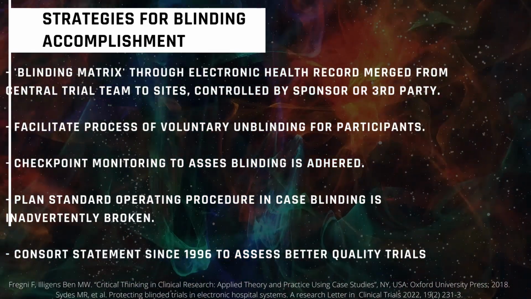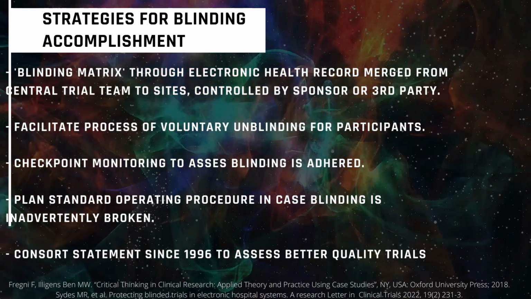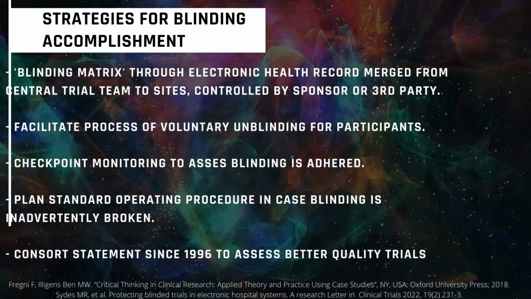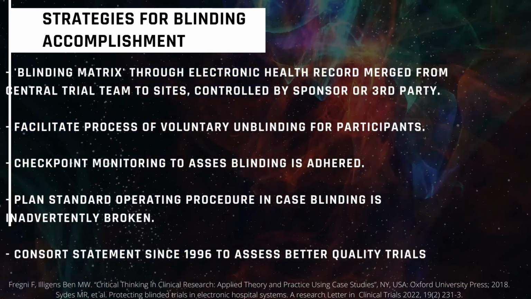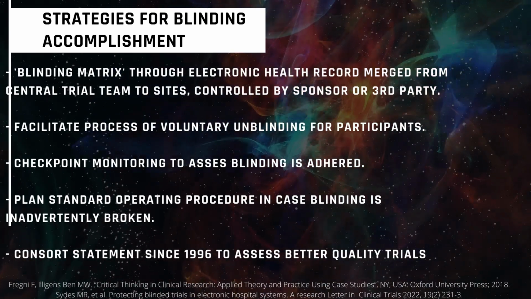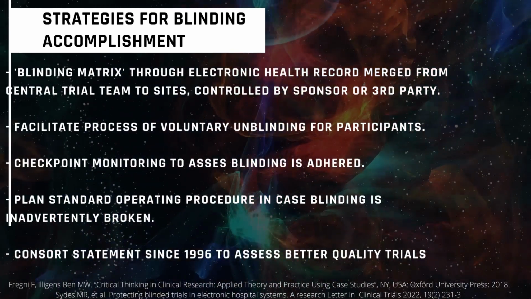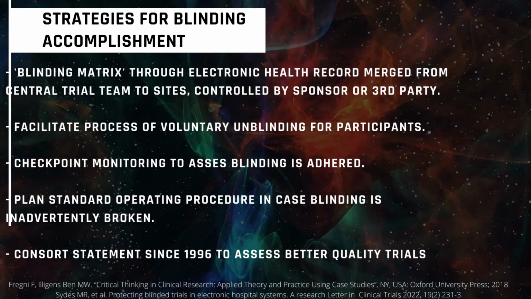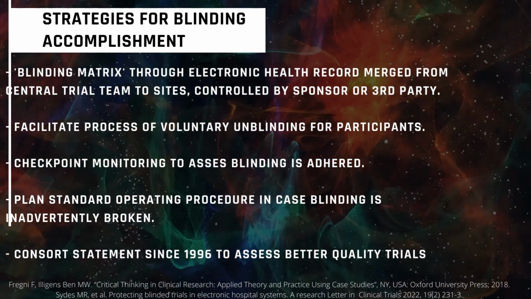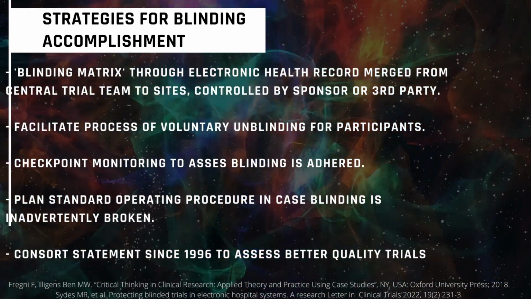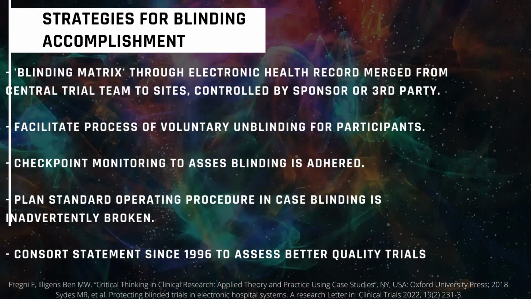This will facilitate the process of voluntary unblinding for participants. As well, we should establish an easy way or a direct line for contact in case of unblinding of participants. There should also be checkpoint monitoring to assess blinding and whether it is properly adhered to.